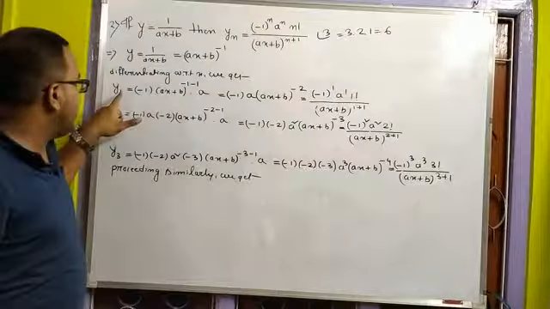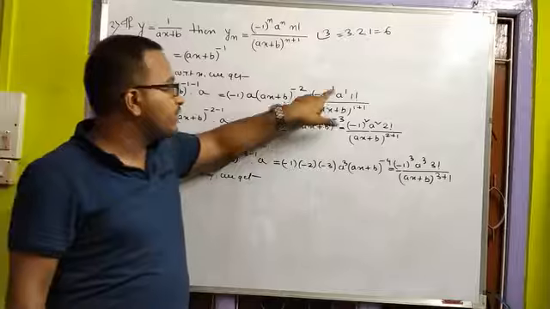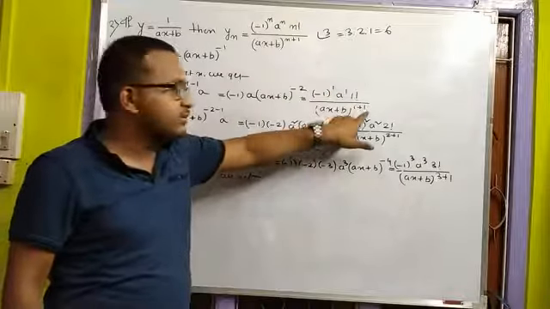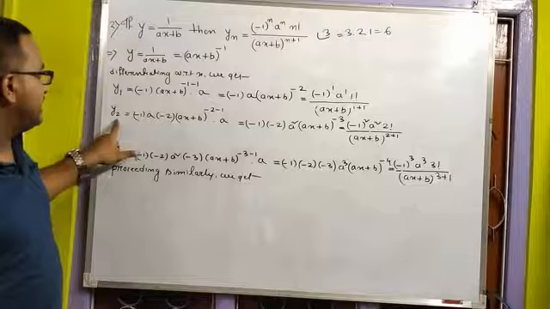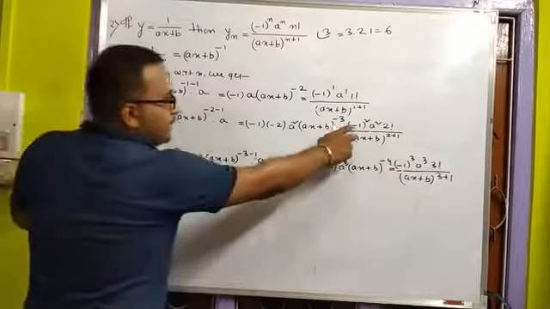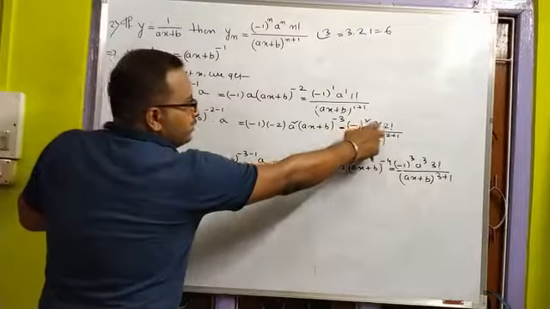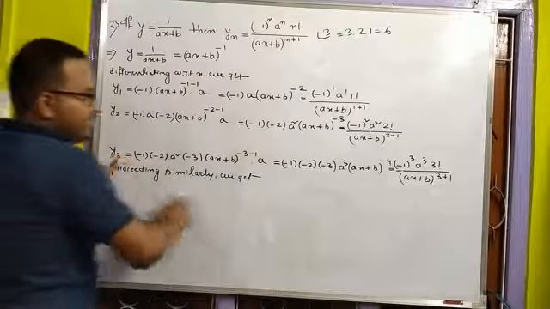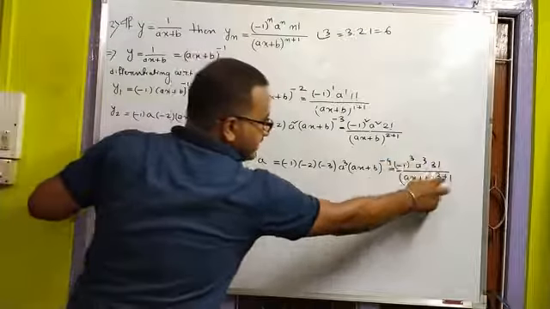Now, when 1 is there, it is minus 1 to the power 1, a to the power 1, factorial 1, and 1 plus 1. When 2 is there, it will be minus 1 to the power 2, a to the power 2, factorial 2, and 2 plus 1. When 3 is there, it is 3, then 3.